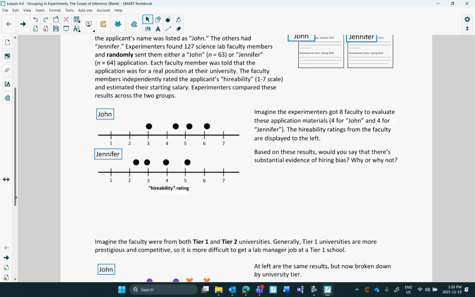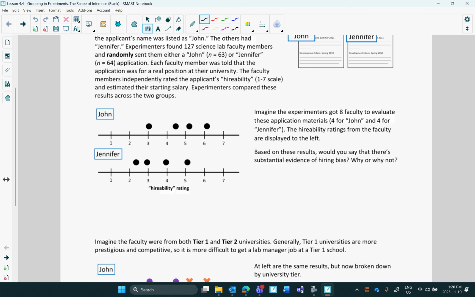Would you say that there's substantial evidence of hiring bias? Not really. There's a small advantage for John, but that may have been just due to chance alone, the way the people were randomly assigned into the groups.